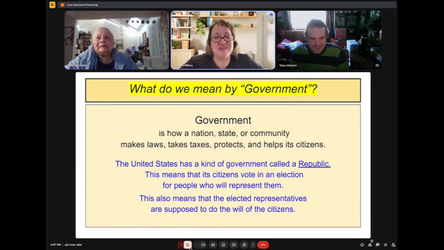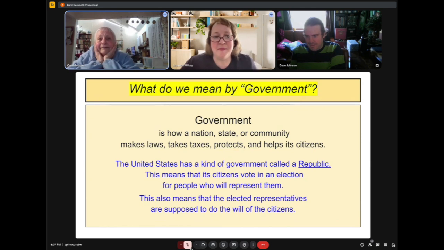So government is how a nation, state, or community makes laws, collects taxes, protects, and helps its citizens. I wanted to make sure that we write, because everyone talks about democracy, and democracy is important, but our government is a republic. Could you imagine if everyone had to vote all the time on every single thing?